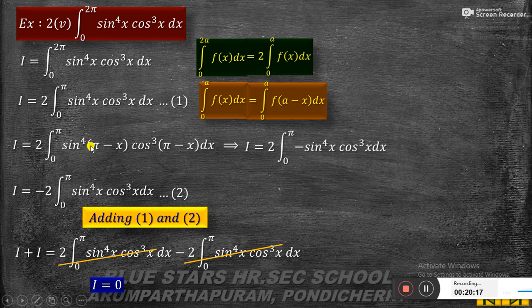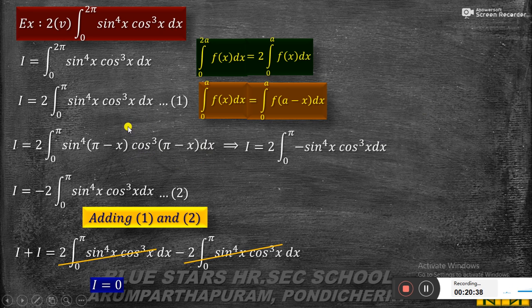So sin power 4 of pi minus x, cos power 3 of pi minus x dx, which implies I equals 2 into the integral from 0 to pi. Sin pi means 180 degrees, which is represented by the second quadrant.